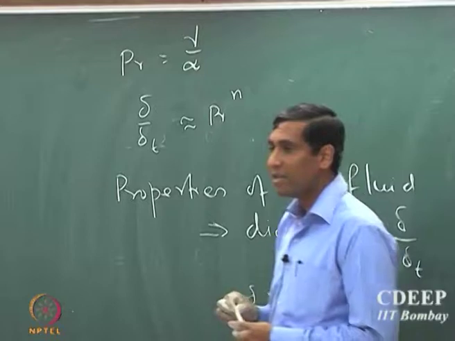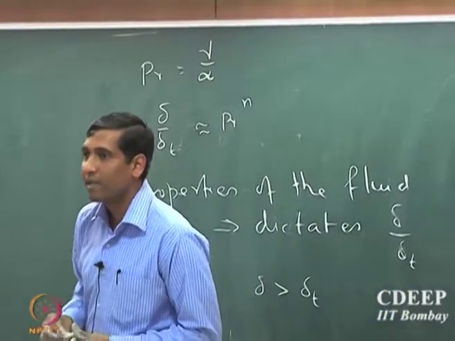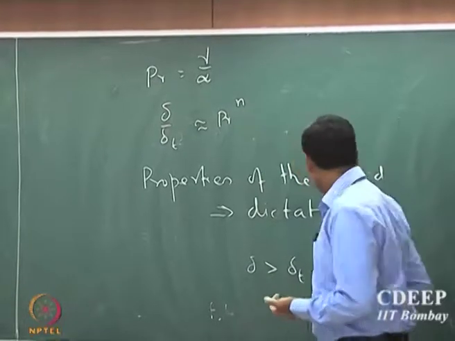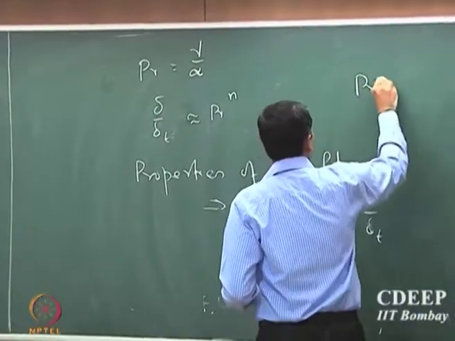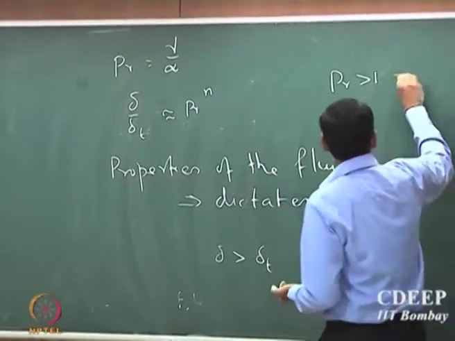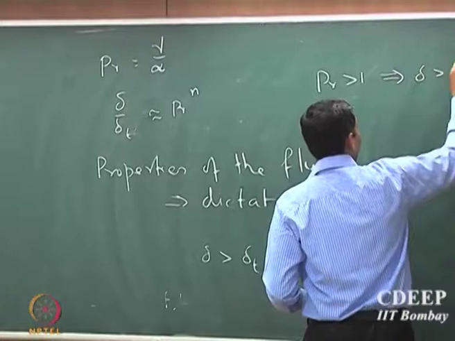Yeah, it will be greater than 1, but remember there is an exponent n, right. So if Prandtl number is greater than 1, you will always see that delta is greater than delta t.